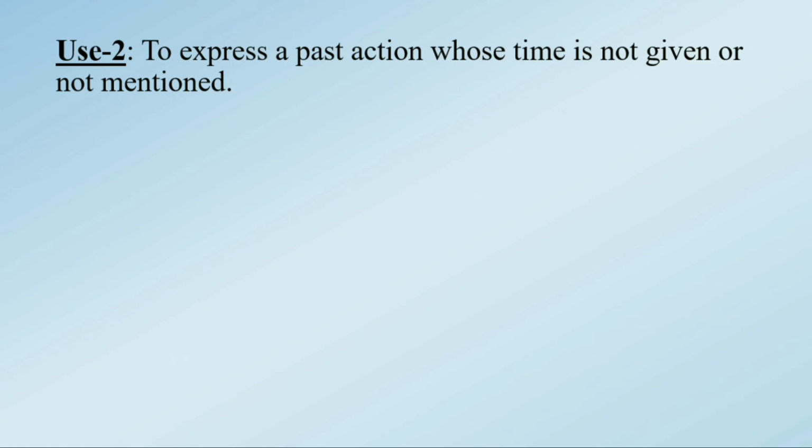So it expresses a past action whose time is not given or not mentioned. When the time of that past action is clear, we have to go to simple past. When the time is not known to us or not given in that context, we have to use only this present perfect. Look into the examples.